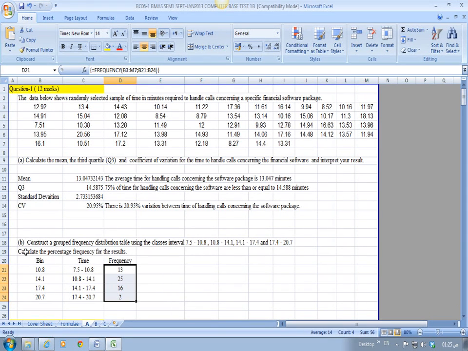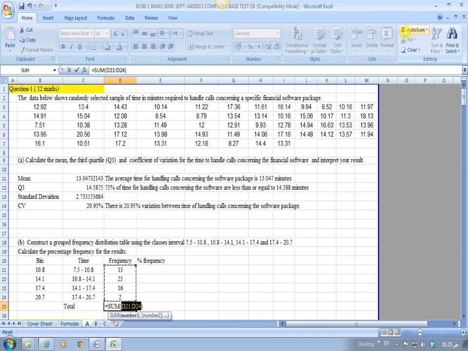The next is to also calculate the percent frequency for the result. So here the percent frequency is required. Percent frequency is normally calculated by dividing the frequency by the total. Here we write the total. We need the total of all the frequencies here.